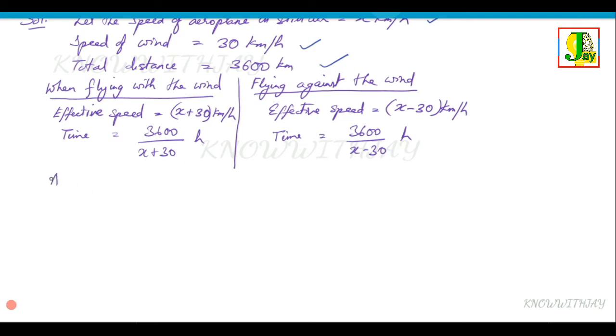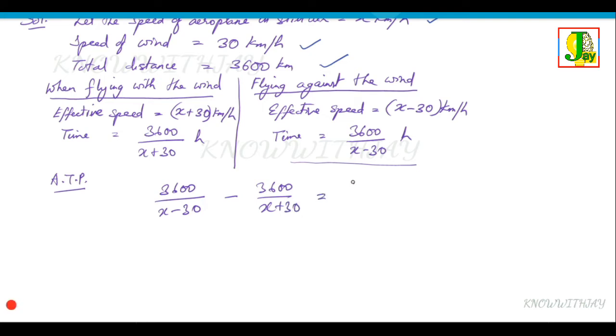Okay, now according to the given condition of the problem, the time taken by this latter part is more, and this one takes 40 minutes less. So that means 3600 by x minus 30 is greater than 3600 by x plus 30. By how much?